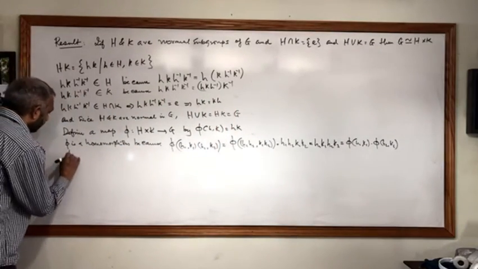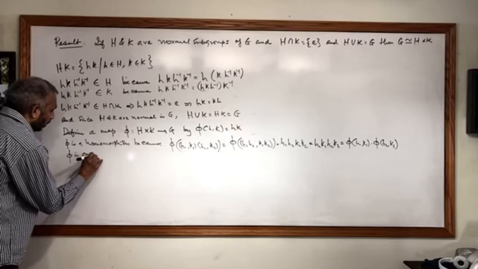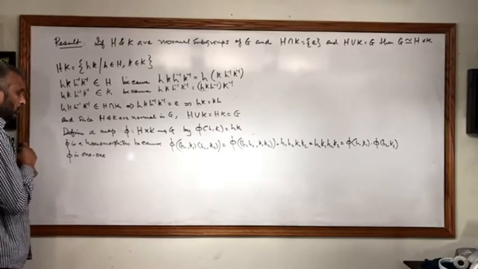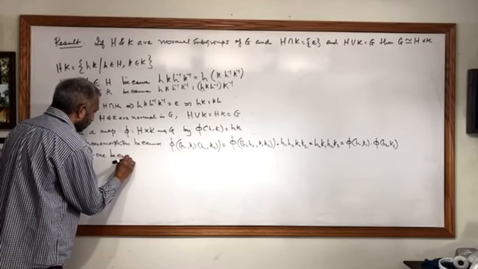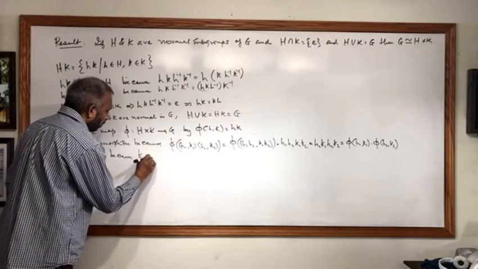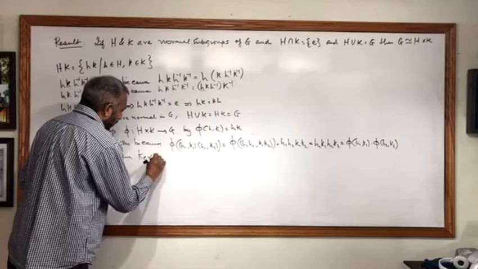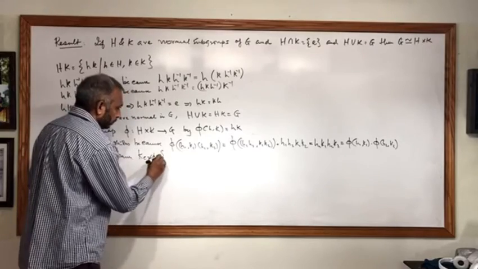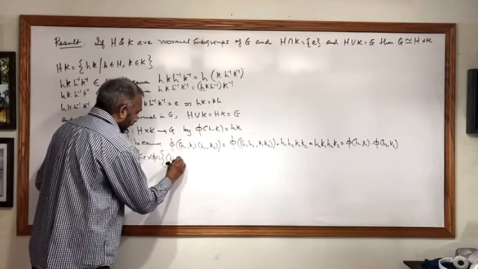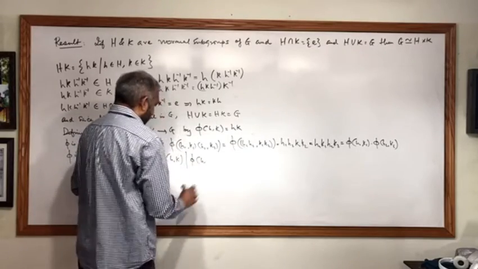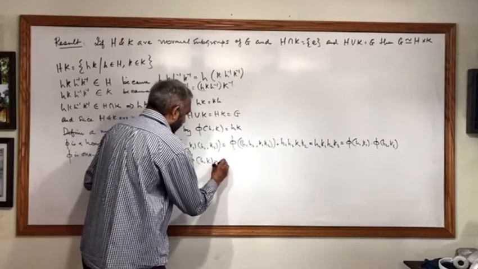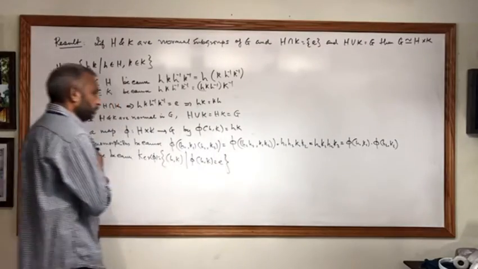Now phi is one-one because the kernel of phi is equal to {(h, k) such that phi of (h, k) is equal to e}. And that implies hk is equal to e.